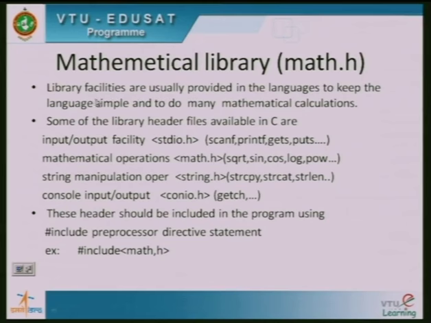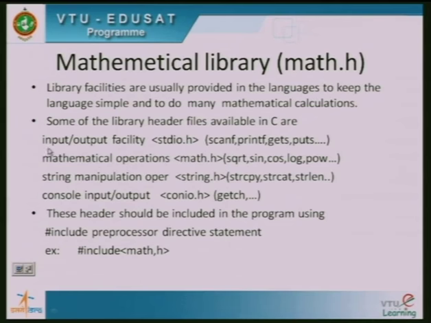Library facilities are usually provided in the language to keep the language simple and make your calculation as simple as possible. Along with your stdio.h, conio.h, you include one more header file, that is math.h. You can use all our mathematical functions with this.